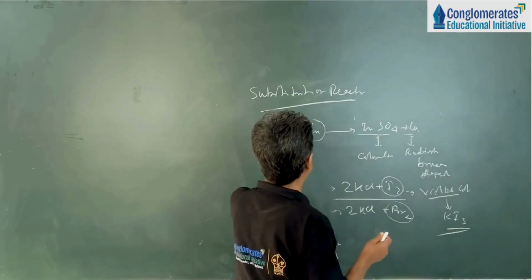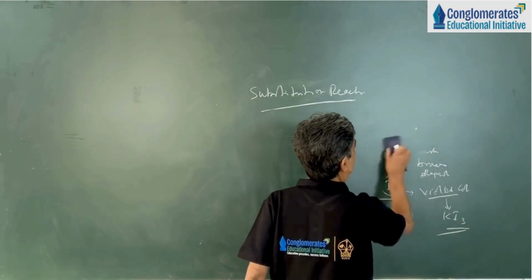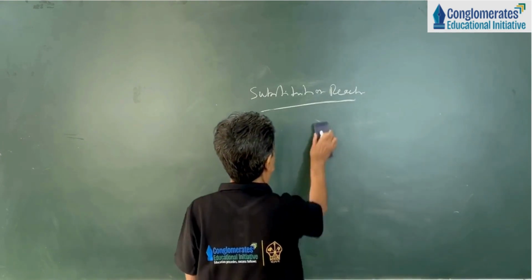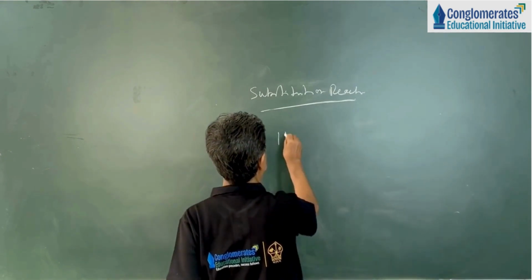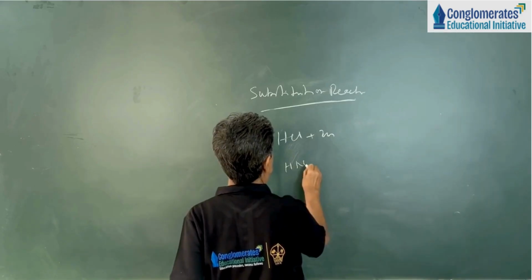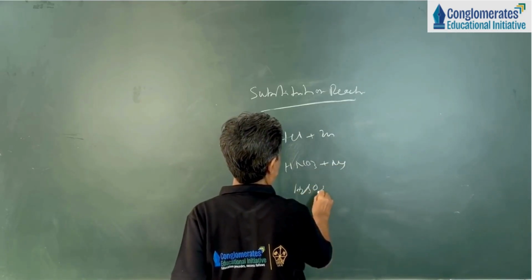One more example I will give you for this reaction, otherwise it will be incomplete. That example is the action of metal on acid. Suppose HCl plus Zn, or HNO3 plus Mg, or H2SO4 plus Fe.